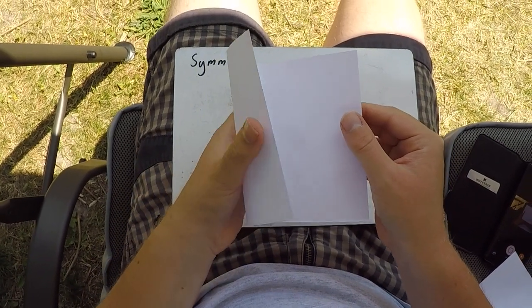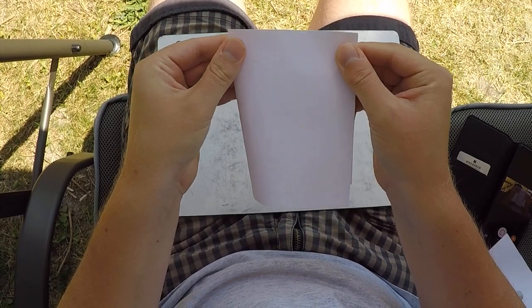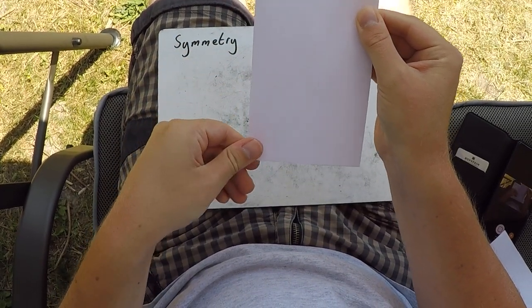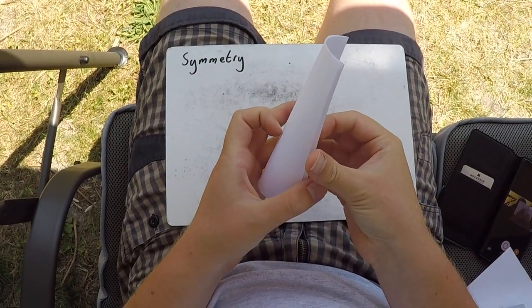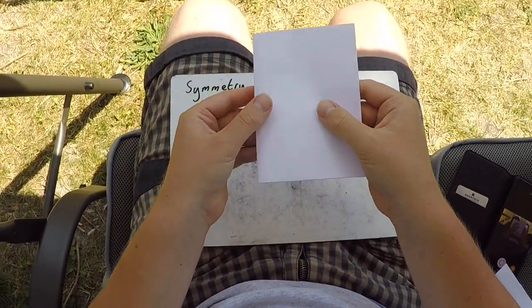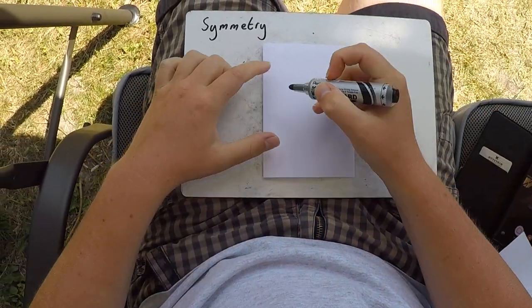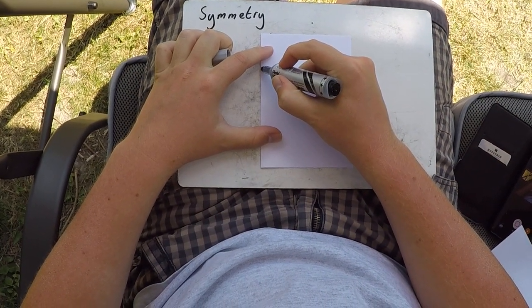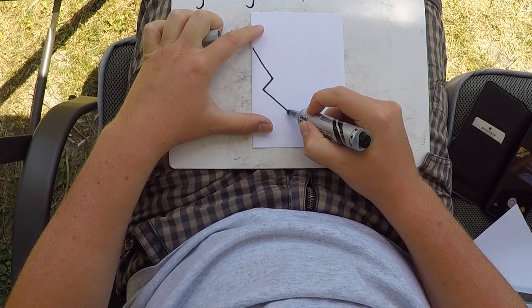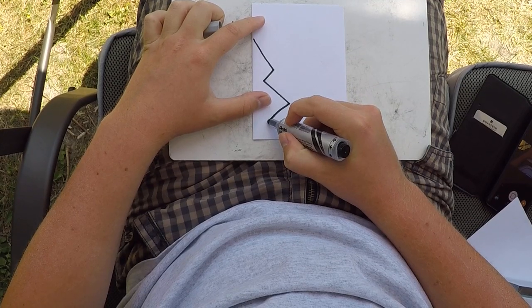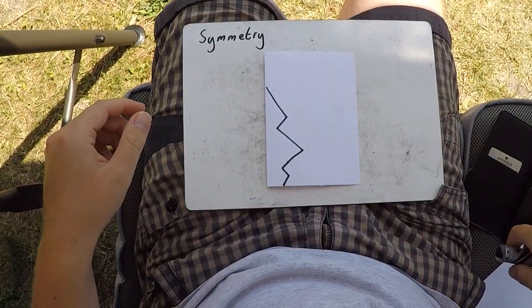What I'd like you to do is to pick a bit of paper, fold it in half so that you've got a fold down the middle, and on one side where you folded it, you can draw a shape. It could be any shape you like.